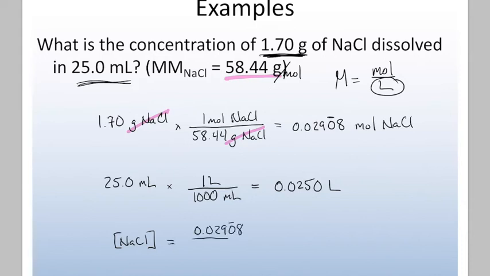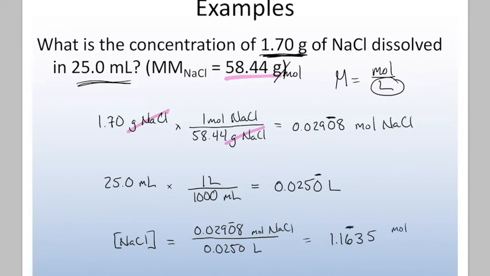Okay, and then if I'm going to calculate the molarity, or the concentration of NaCl, that would just be these moles divided by the 0.0250 liters. All right, and then punch that into the calculator. 1.1635, but then I'm going to note that I have 3 sig figs in my moles and 3 sig figs in my volume, so I'm going to have to round it off here.